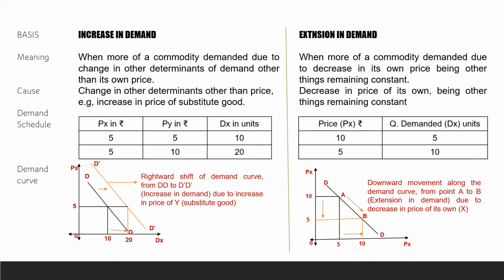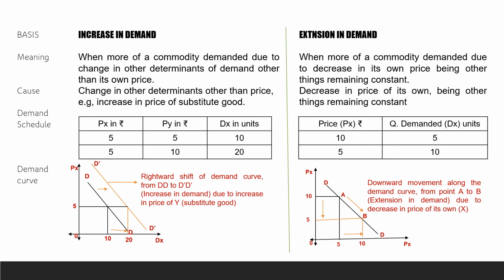In a similar way, we can differentiate decrease in demand and decrease in quantity demanded or contraction in demand. Just the changes where we have to make more, less. This one will just reverse the order.